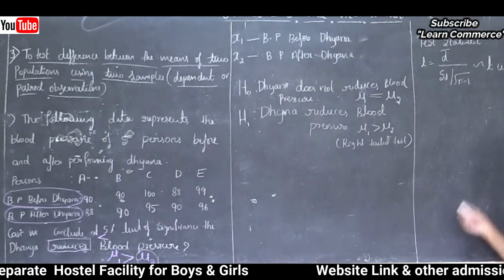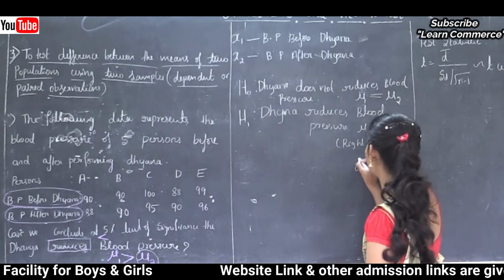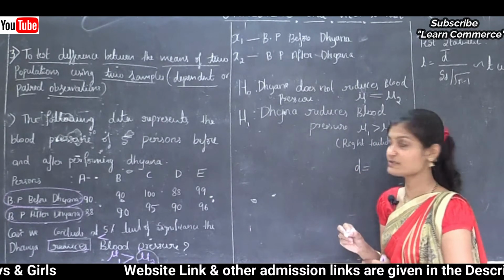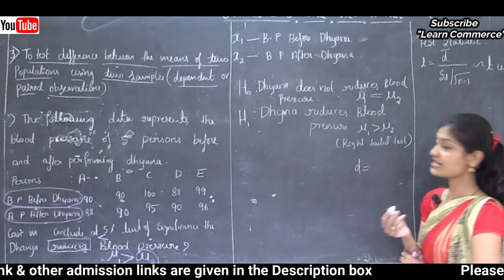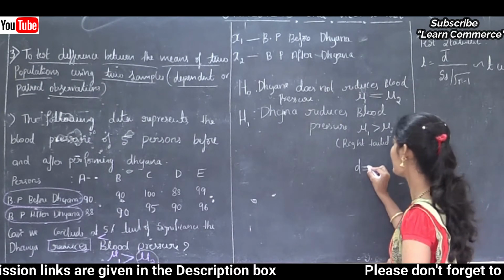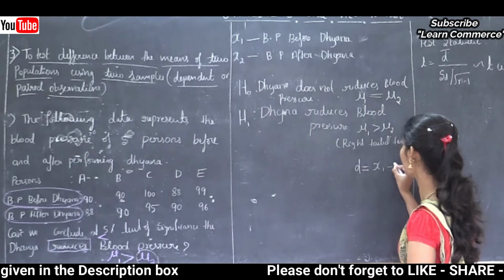So, here based on our formula we need to find D in the sense that is the difference between two sets of observations. So, here the two sets of observations are x1 and x2. So, how to find the difference? That is x1 minus x2.